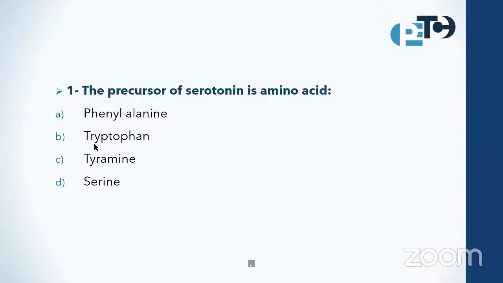The precursor for serotonin is an amino acid. This question is repeated many times previously. Also, another one related to the precursor of histamine. Many of the neurotransmitters in our body, or some other substances, are synthesized from certain amino acids.